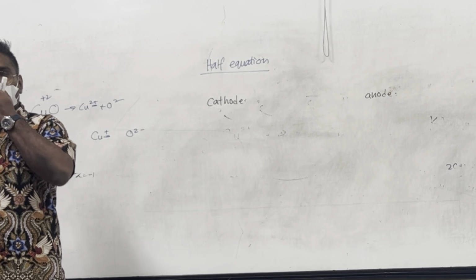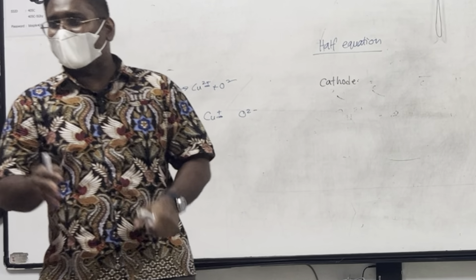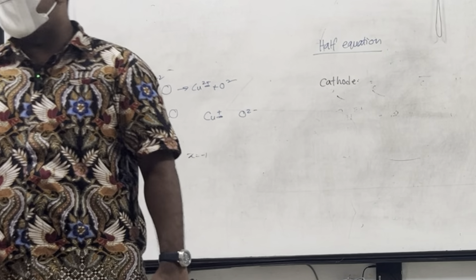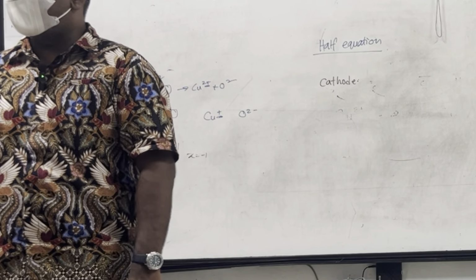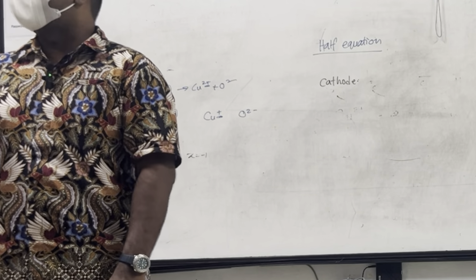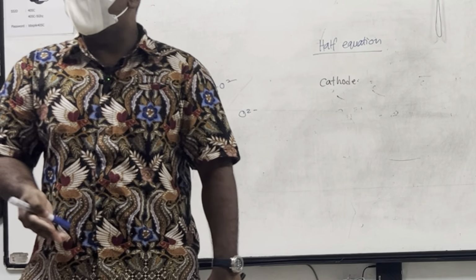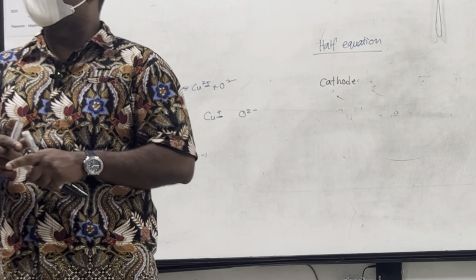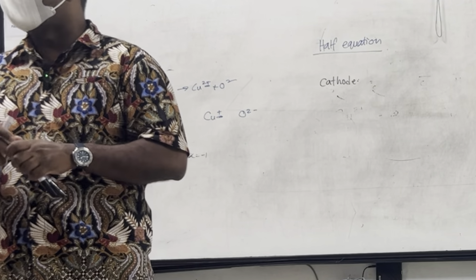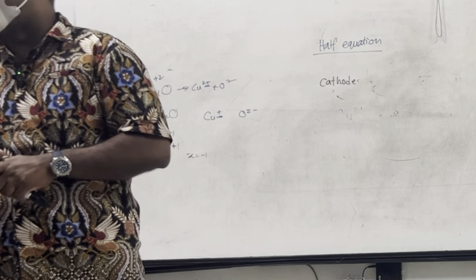Now, electrolysis is different from an electrochemical cell. What is the difference? Electrolysis uses electricity. An electrochemical cell does not use a battery. It can happen because of the difference in potential energy of the different electrodes that you use.